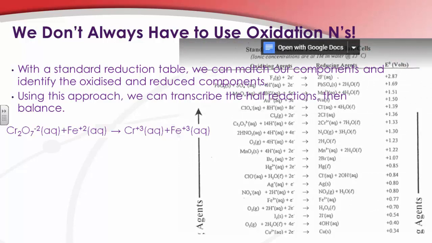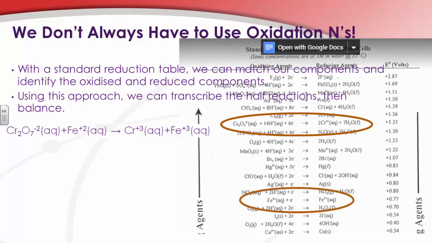And we could identify the half reactions that are associated with it. So here's dichromate here, and here's iron here. Now notice what they've given us. They've given us the electrons that are involved and the protons. So they've done a lot of our work for us in this case. So we can go ahead and use those.